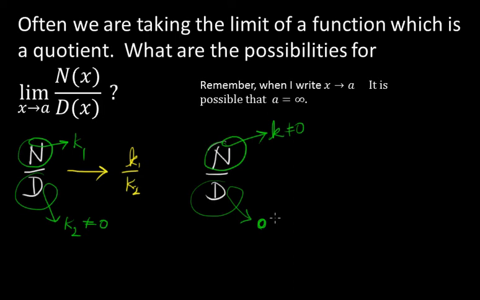If the numerator is approaching a constant like 1 and the denominator is going to 0, we know from looking at the graph of 1 over x as x approaches 0 that the quotient blows up. If the numerator is approaching a constant and the denominator is approaching 0, then the function itself is becoming, well, plus or minus infinity, I'll say. It's blowing up. There is no finite limit.